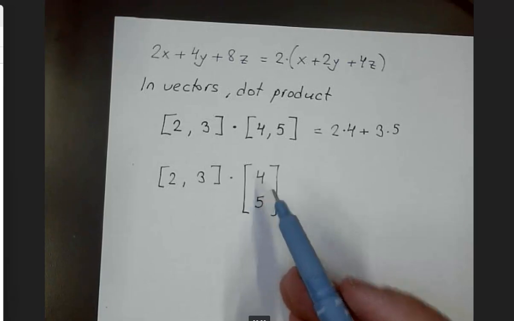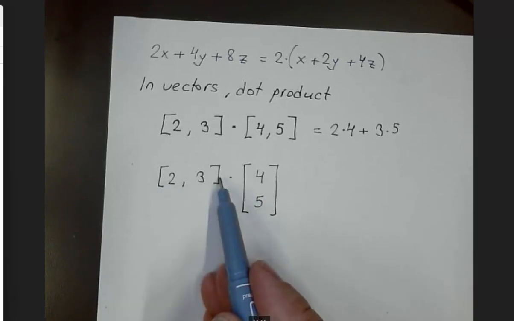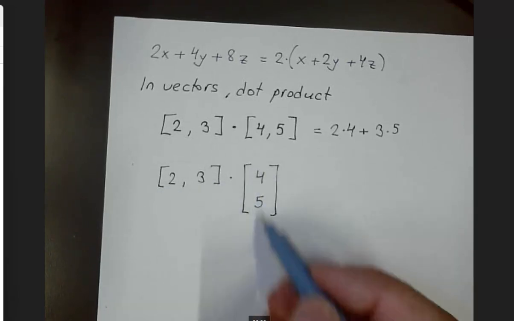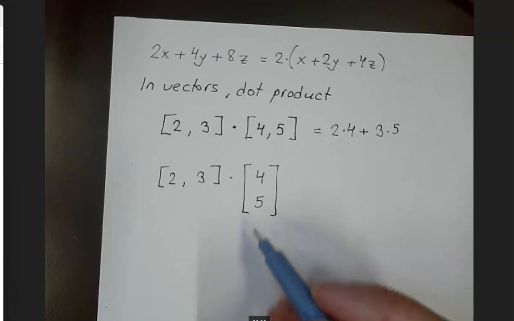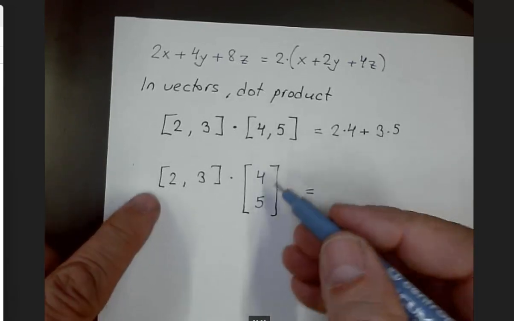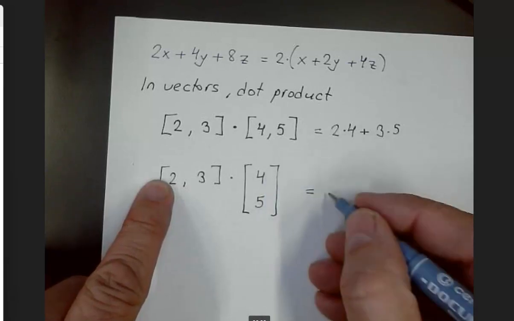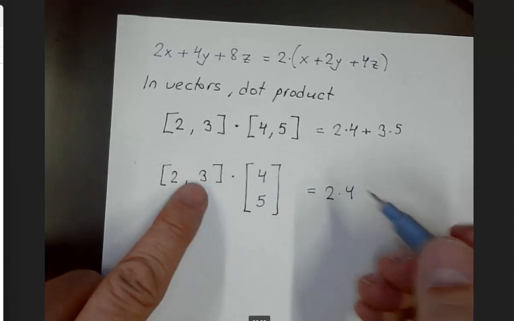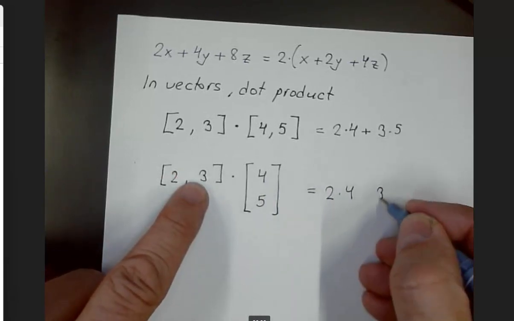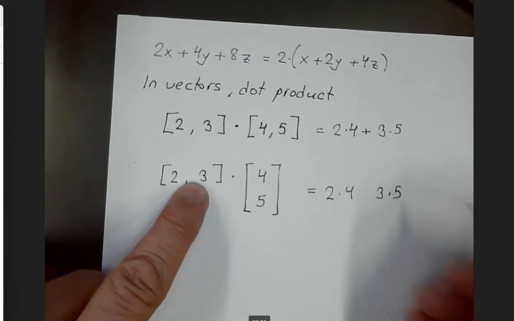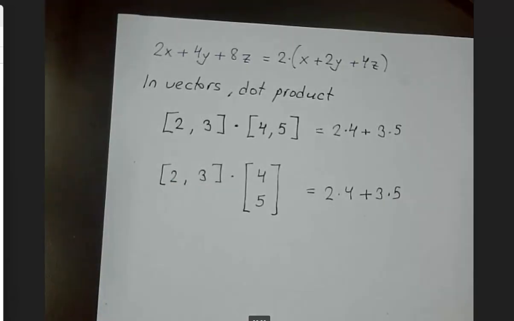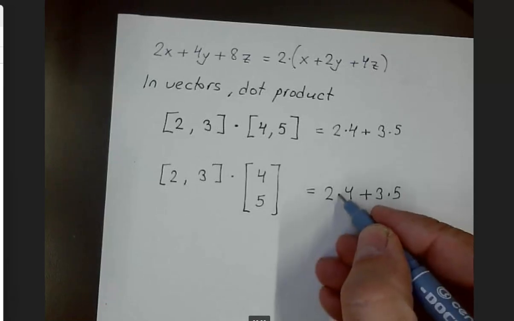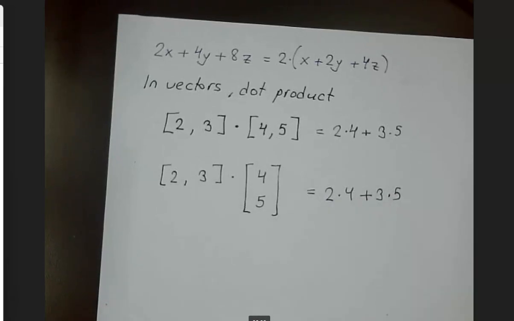We have a horizontal row and a vertical column, and the same rule holds. First elements 2 times 4, and second elements 3 times 5, with a plus between them. So this is the method we use in matrix multiplication.